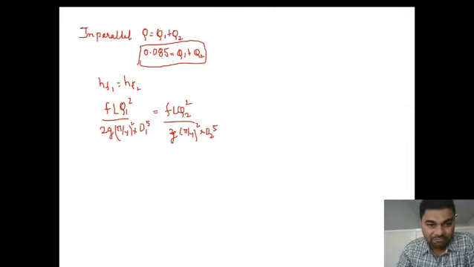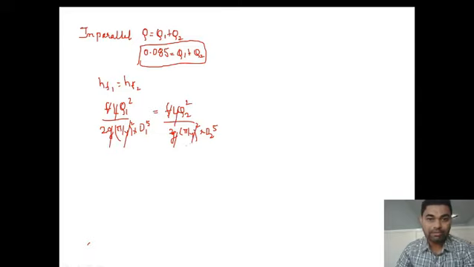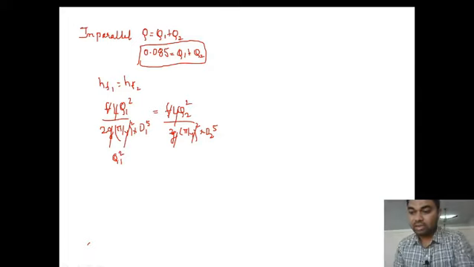As F and L values are the same, 2G is the same, pi by 4 is the same, let us cancel these values. Here F, L, 2G, pi by 4 square get cancelled on both sides. What is remaining?